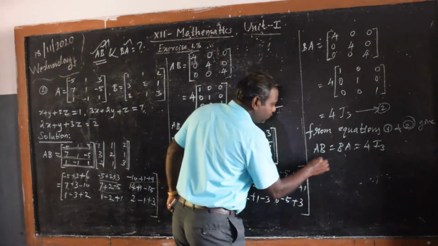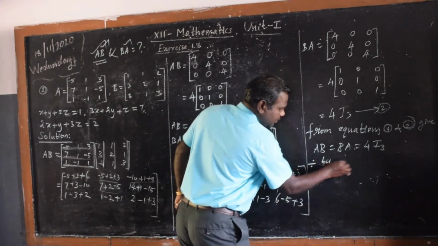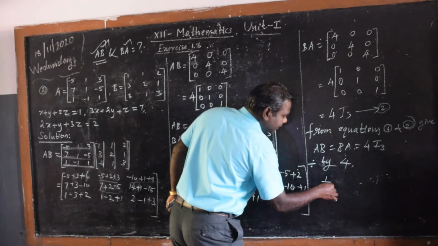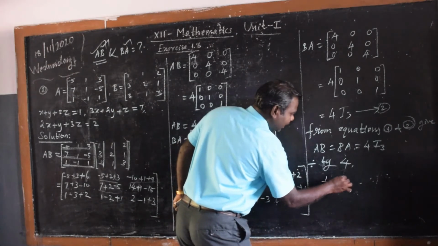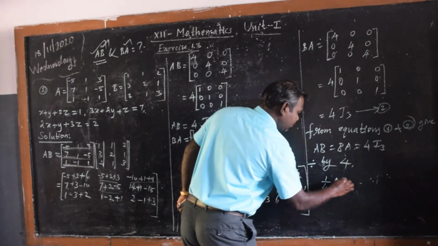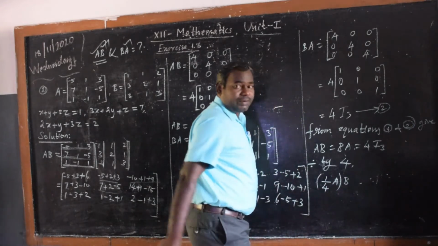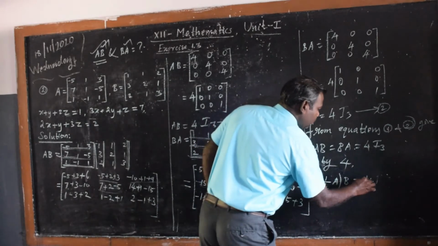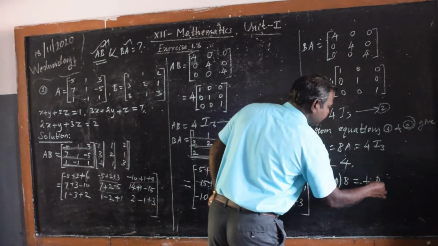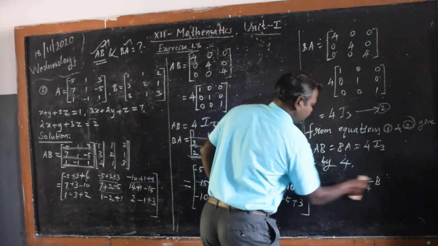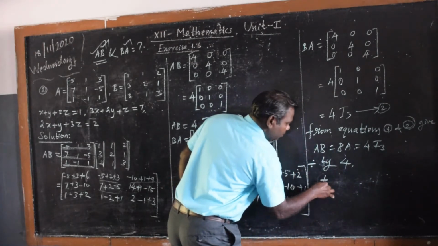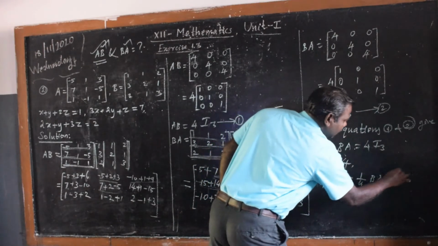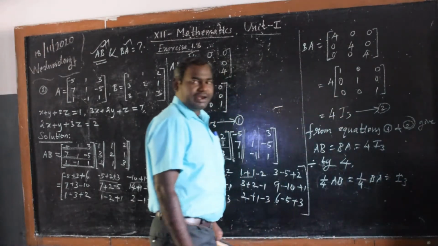Divided by 4 on both sides, so 1 by 4 into A into B equal to 1 by 4 into B into A equal to I3, identity matrix.